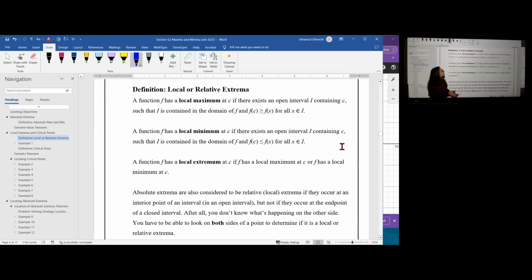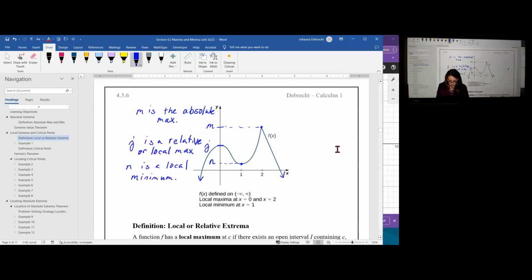A function f has a local minimum at c if there exists an open interval I around c on both sides of c, such that I is contained in the domain of f, and f of c is greater than or equal to f of x for all the x in I. Let's take a look back at our picture and see what we're talking about.